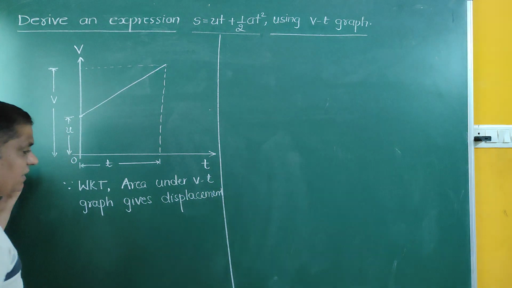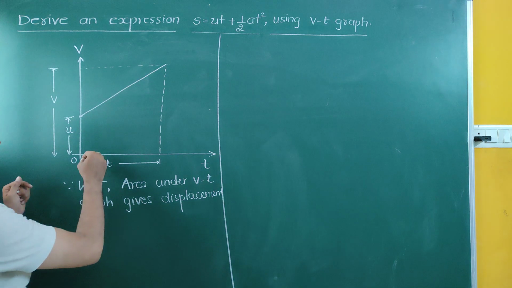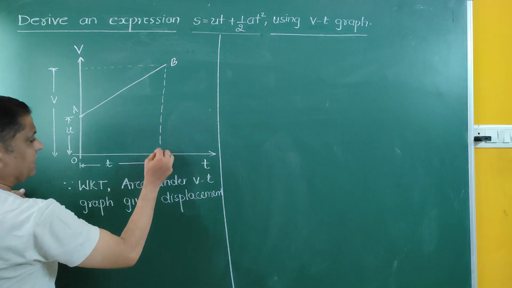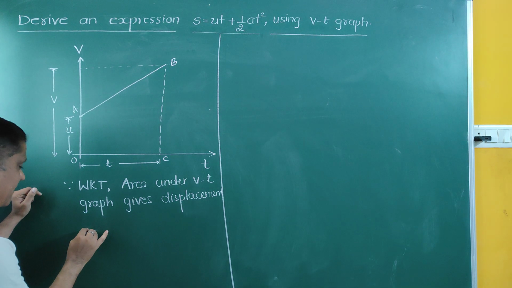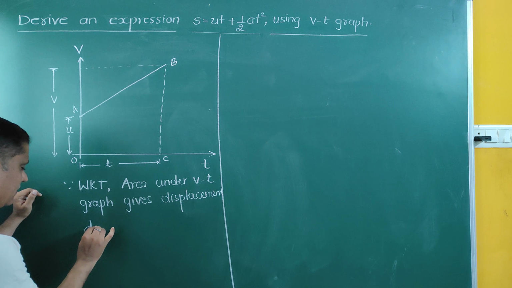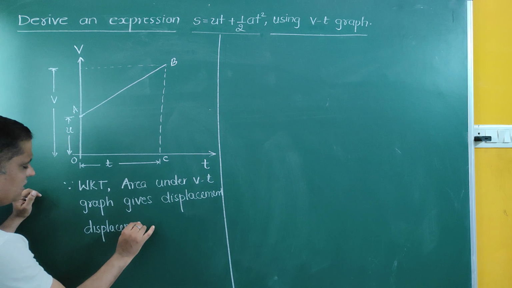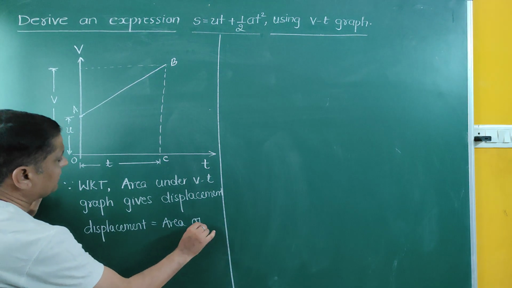It means displacement is equal to the area under this graph. Today I am representing it as O, A, B, C. So displacement is equal to the area of this.